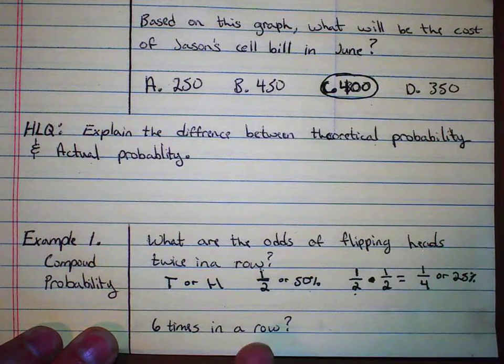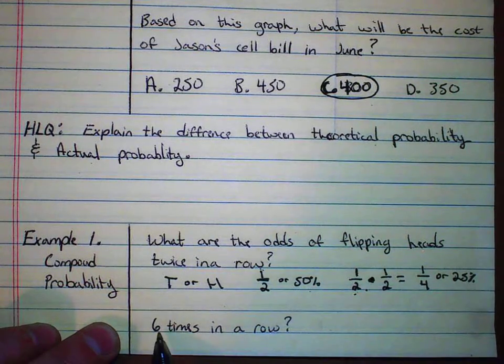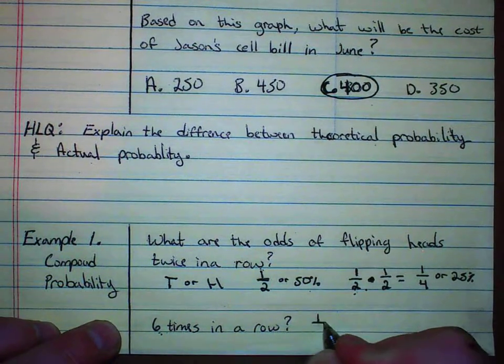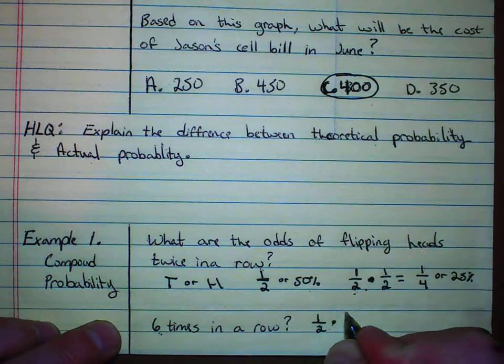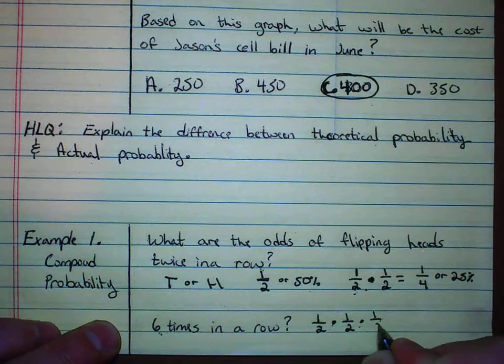So if I flip the coin twice, I had to multiply 1/2 two times. If I have to do heads 6 times in a row, I now have to multiply this 1/2 6 times in a row.